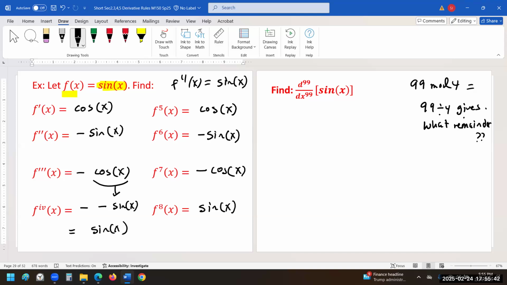So if you divide 99 by 4, how much leftover do we have? 1, 2, 3. Which one? 3. That means we have a sine function and you're looking for the third iteration of the sine function. 1, 2, 3, negative cosine.